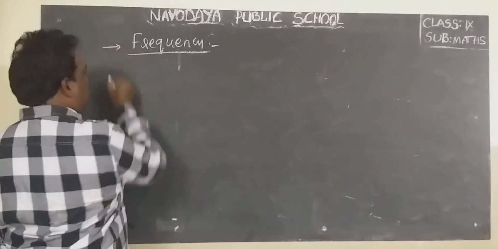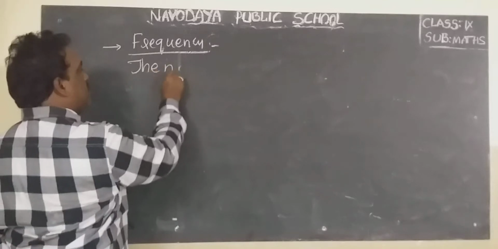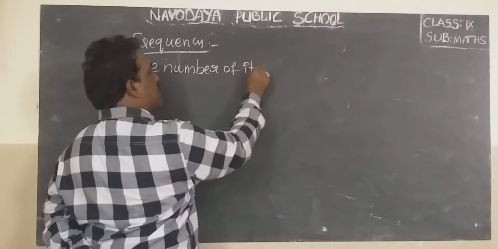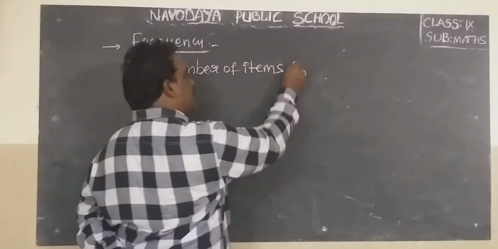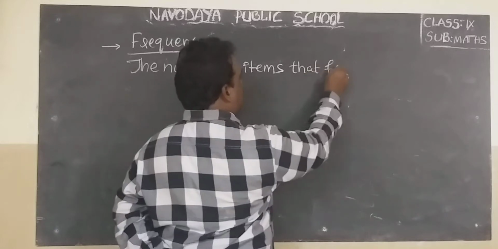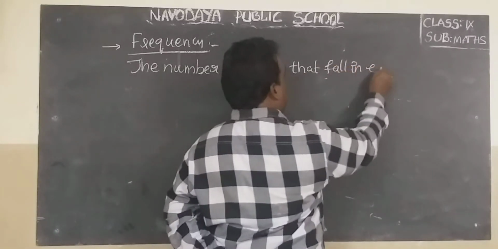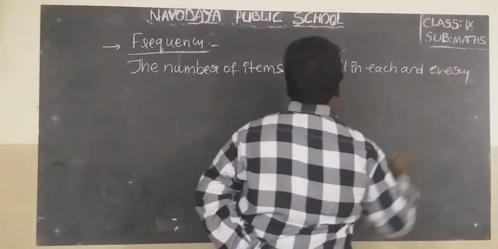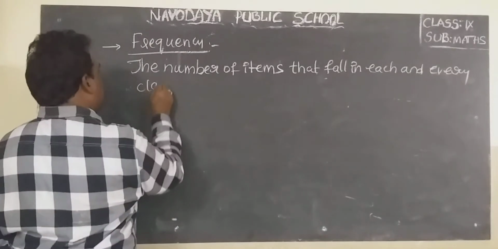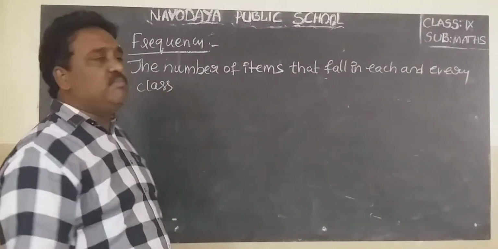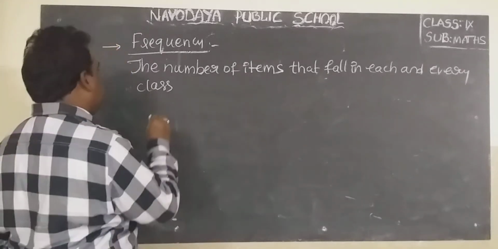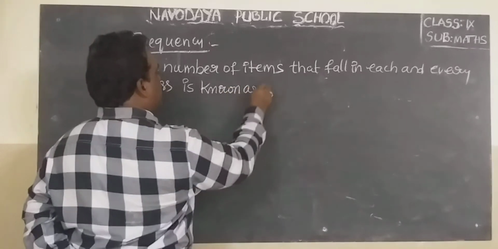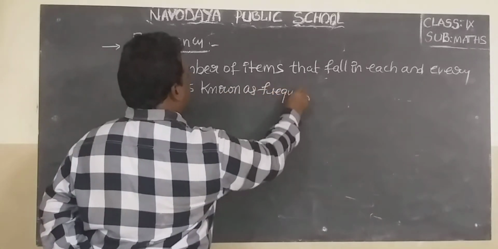Next point, frequency: the number of items that fall in each and every class is known as frequency. So define frequency, anyone?